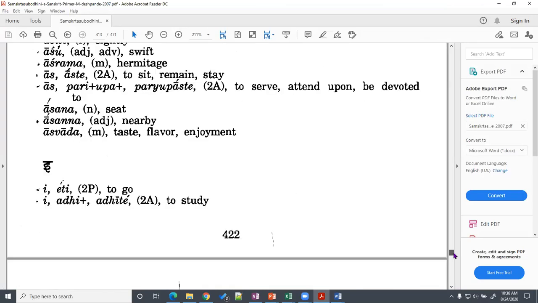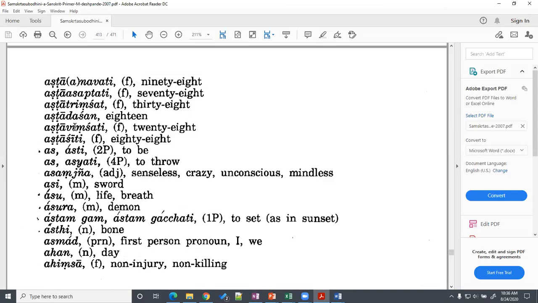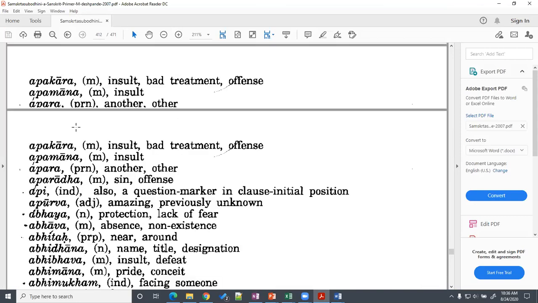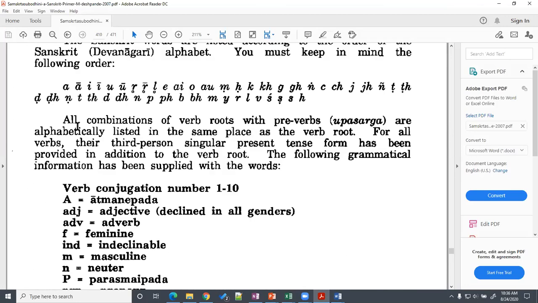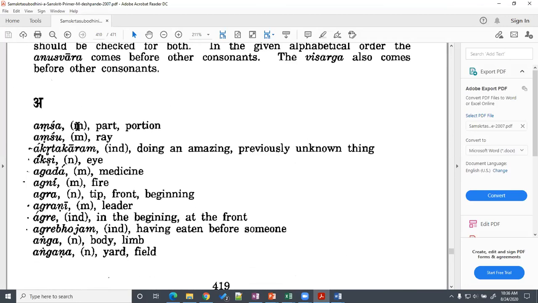This is a very nice section where the glossary is given both from Sanskrit to English and English to Sanskrit. So always please refer to this at the end of the book. The author has given it in a very good format in the Sanskrit Subodhini book. So please refer to the glossary. It's both ways, Sanskrit to English and English to Sanskrit.